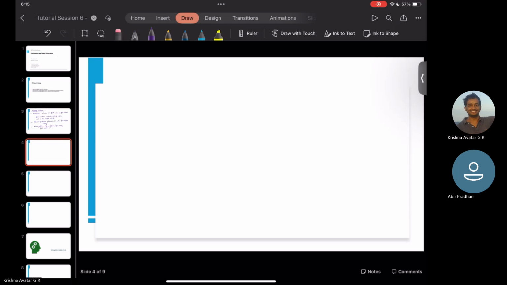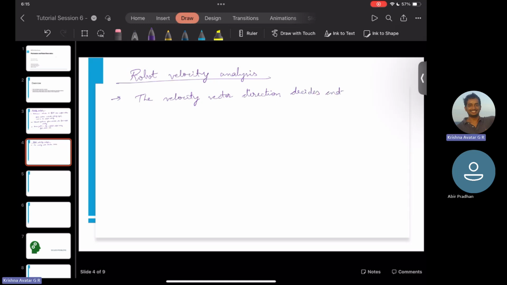Now, in robot velocity analysis, one of the things that we are looking at is that the velocity vector direction decides the end effector path.